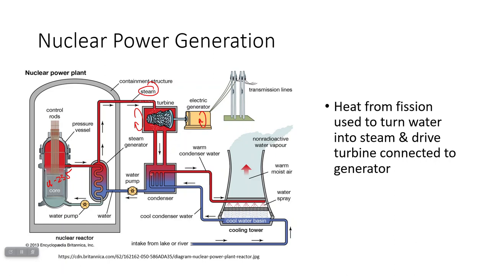Then that steam is moved to a condenser, which brings in some cool water from an outside source to help absorb that heat. And then it condenses back into liquid water, which can then be put into the heat exchanger again over here. That allows it to absorb more heat, turn into steam, and cycle through.